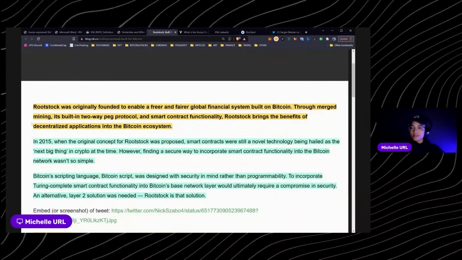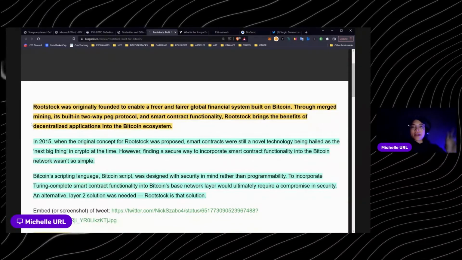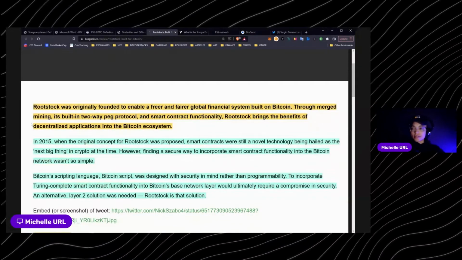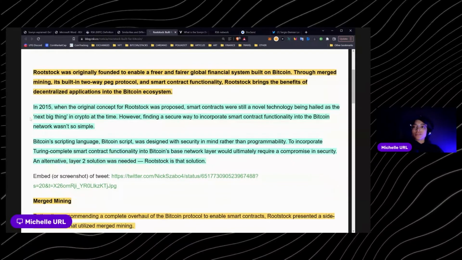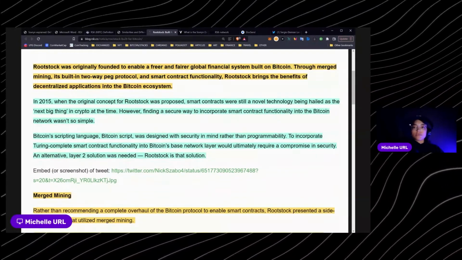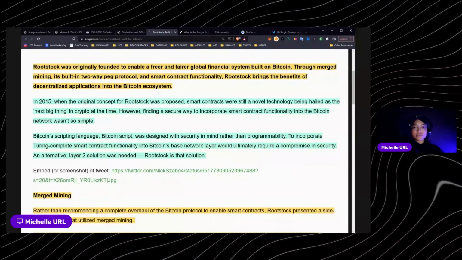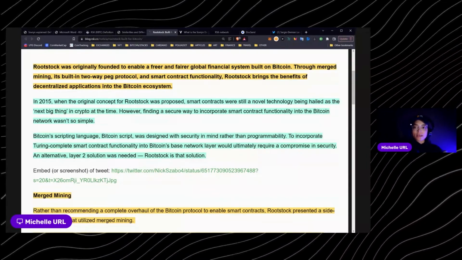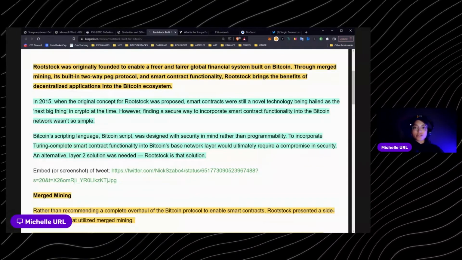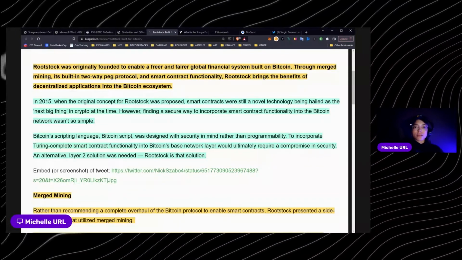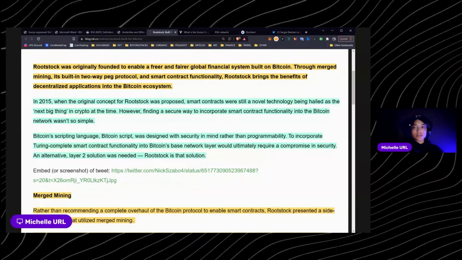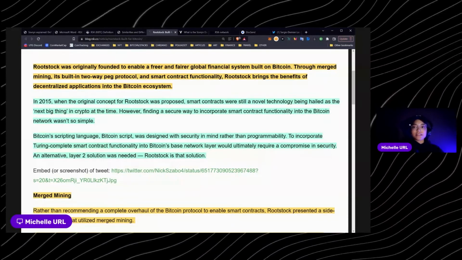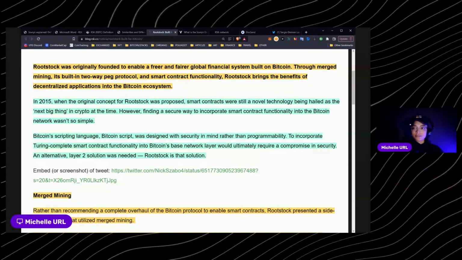So let's just take a moment to figure out how we got to this point in the first place, right? Rootstock was originally founded to enable a freer and fairer global financial system built on Bitcoin. Through merged mining, its built-in two-way peg protocol and smart contract functionality, Rootstock brings the benefits of decentralized applications into the Bitcoin ecosystem.